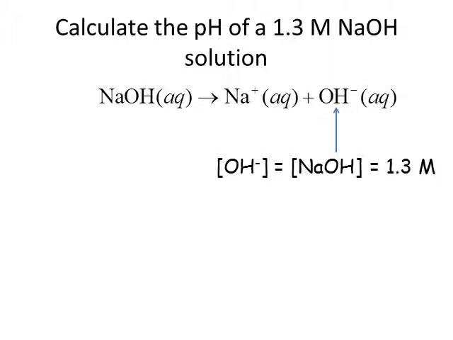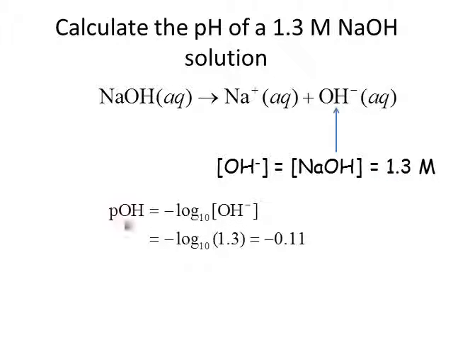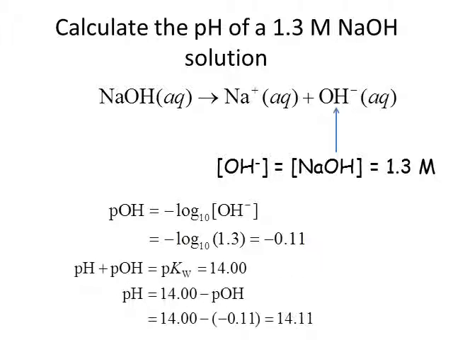Therefore, there's a couple ways you can do this. What I would do here is to figure out the pOH, which is minus log to the base 10 of the OH minus concentration, which is minus 0.11. It's important that you keep the sign there. Therefore, for my pH, you know that pH plus pOH is 14 at 25 degrees C. So I rearrange it, pH is 14 minus pOH, so I get 14.11.